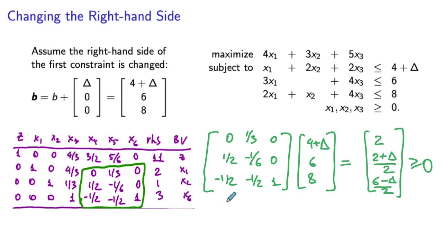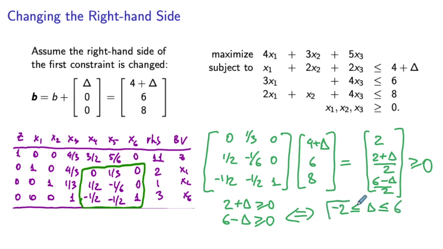So we obtain the following system that we need to solve in order to determine the allowable range of delta. We have 2 plus delta greater than or equal to 0, and 6 minus delta greater than or equal to 0. From the first inequality we have delta is greater than or equal to negative 2, and from the second inequality delta is less than or equal to 6. So we obtain this range of values for delta for which the previously optimal basis will remain feasible and as a result optimal.